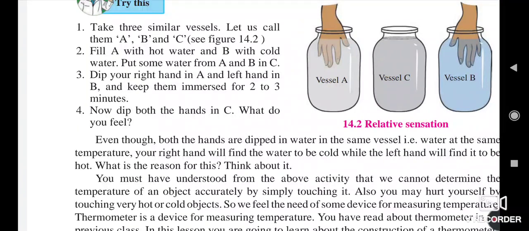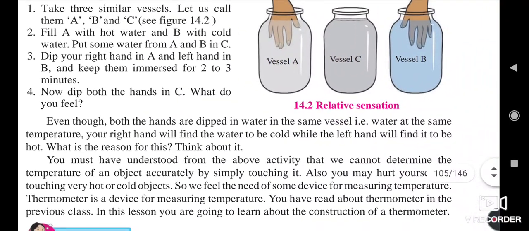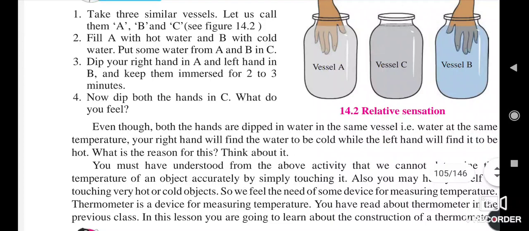Even though both hands are dipped in water at the same temperature, your right hand will find the water to be cold, while the left hand will find it to be hot.